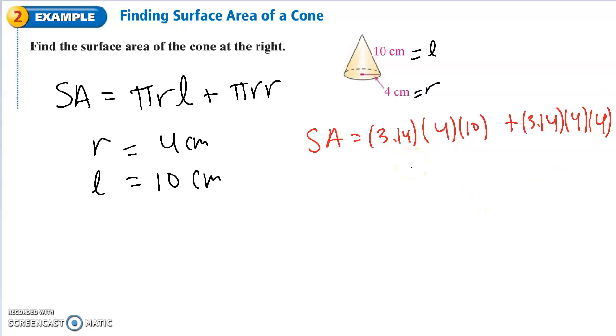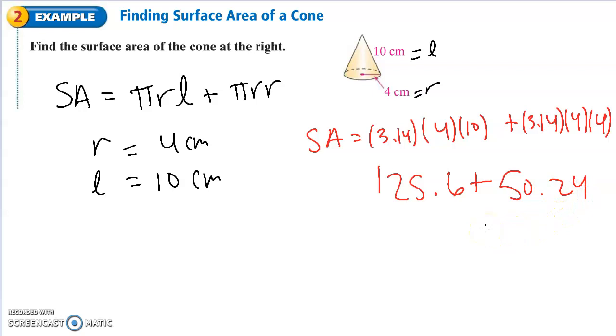We plug this into a calculator, and if I say 3.14 times 4 times 10, I get 125.6. And if I say 3.14 times 4 times 4, I get 50.24.